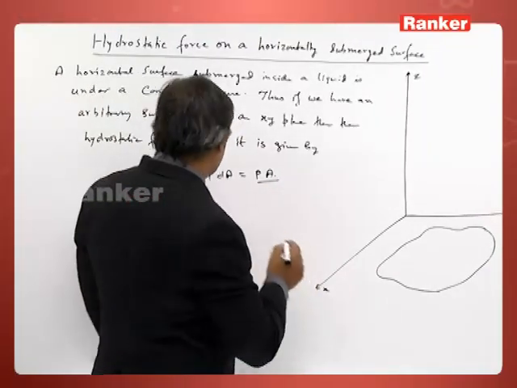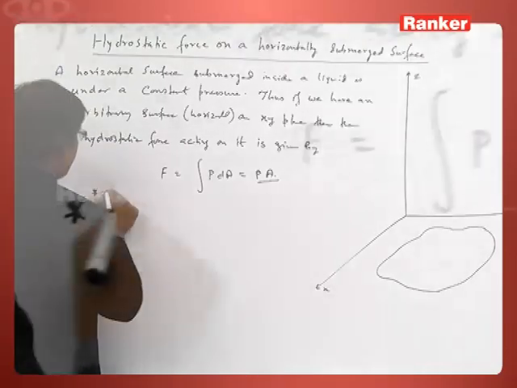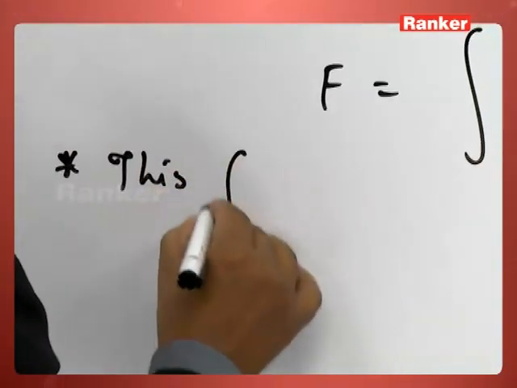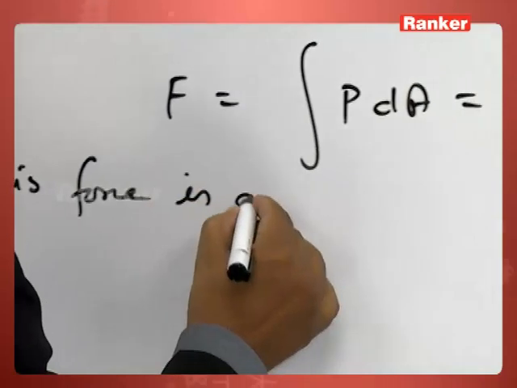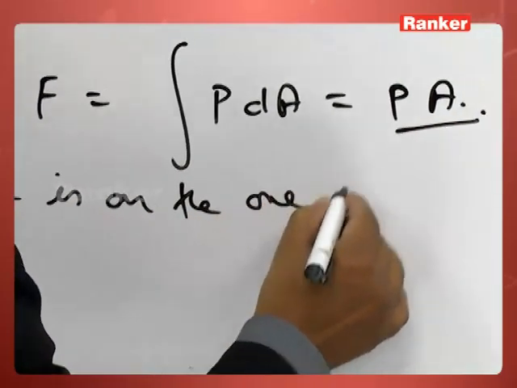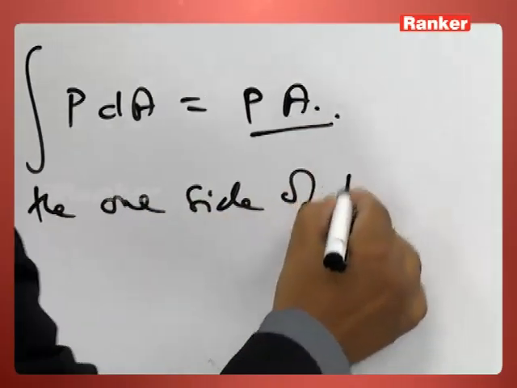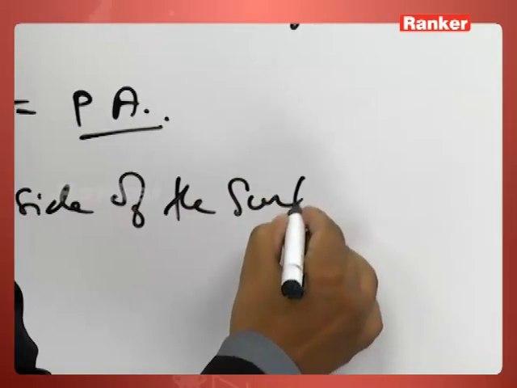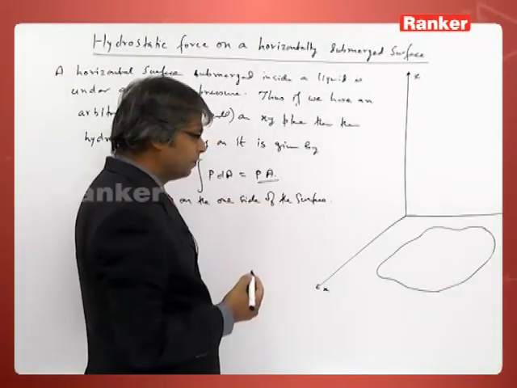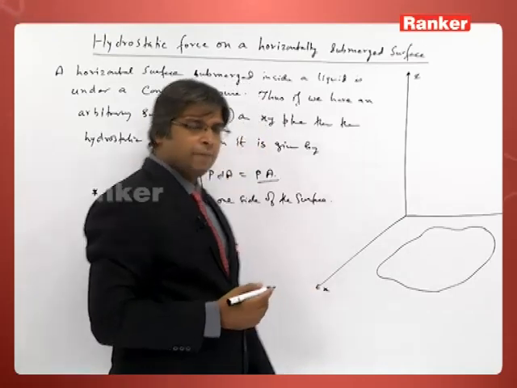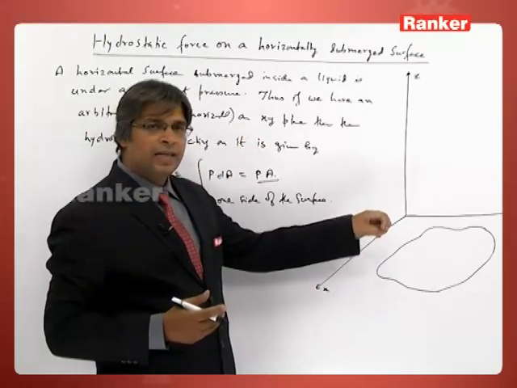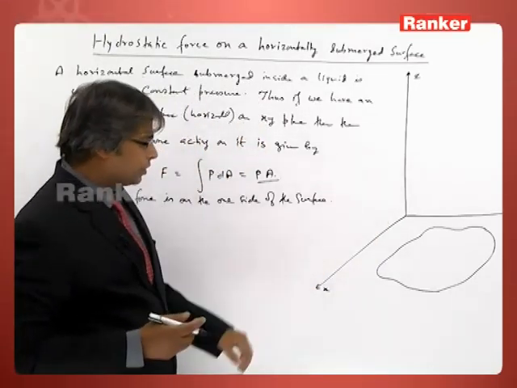Now you see, remember, this force is on one side of the surface. A surface will have two sides, so only one side. Now let us see what is the line of action of all these forces.